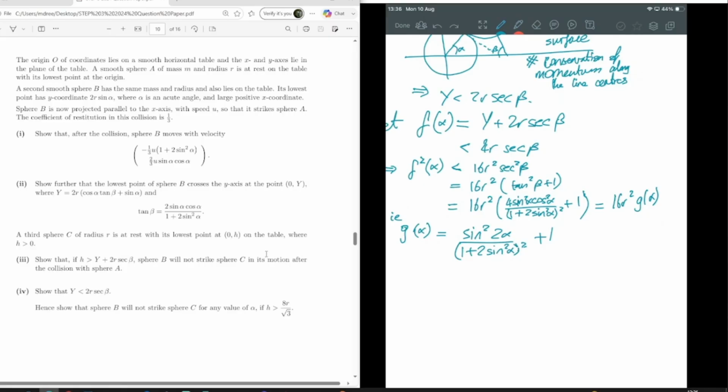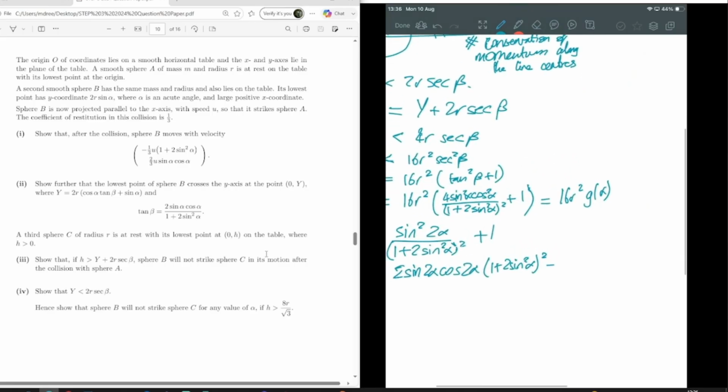Okay, I still need to differentiate this g of alpha, which still is not simple, but it's going to be the derivative of the numerator times the denominator minus the derivative of the denominator. It's going to be 4.